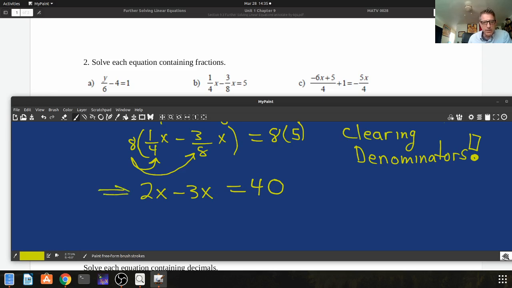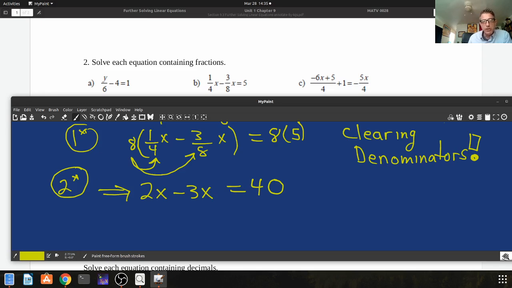And what I just did from this equation, which I can call equation 1 and equation 2, they're equivalent in the sense that the value of x that makes equation 1 true is the exact same value of x that makes equation 2 true.